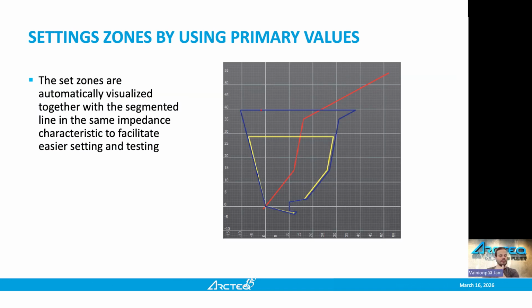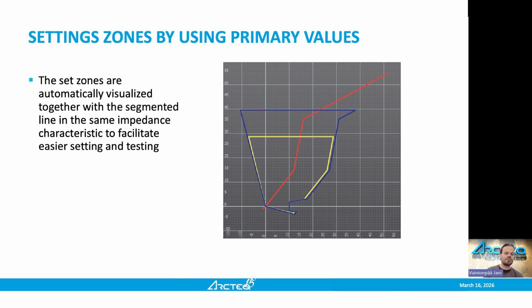So now after simply enabling those 2 zones and setting the resistive and reactive reach there, and also enabling the load encroachment area, we can say that on top of this protected red line here, we also have zone 1, which is yellow, and zone 2, which is basically blue.